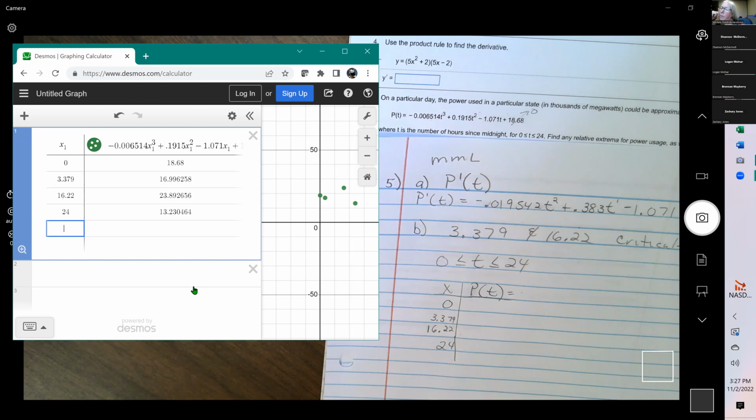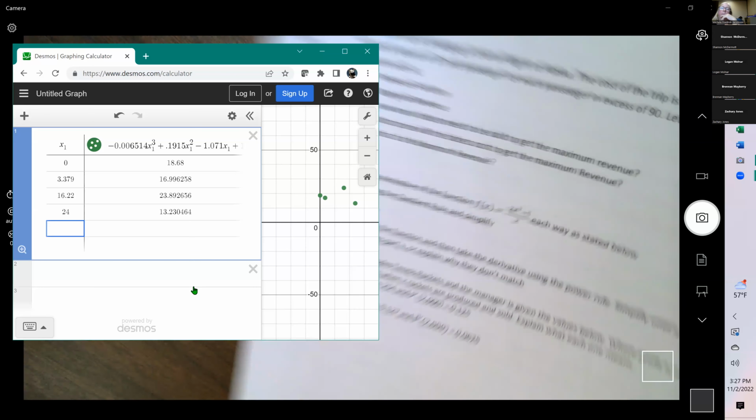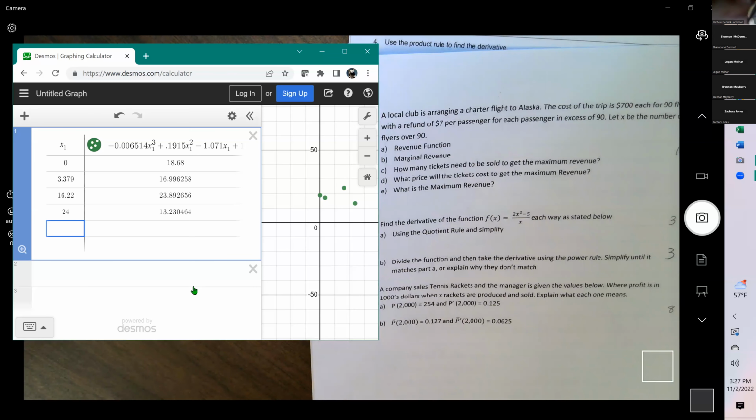Any other ones? Is everyone okay with this one?